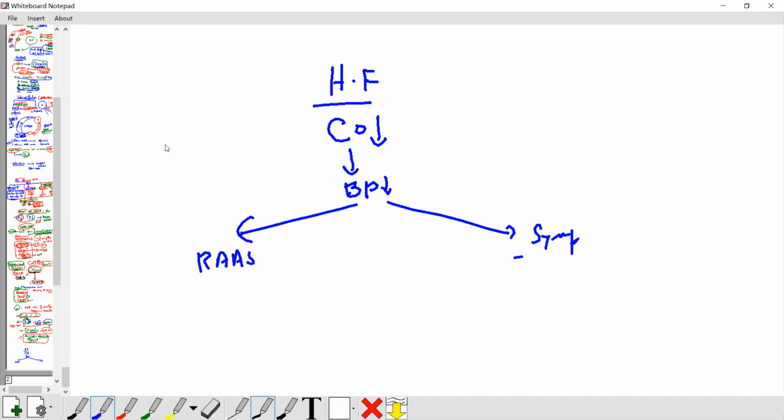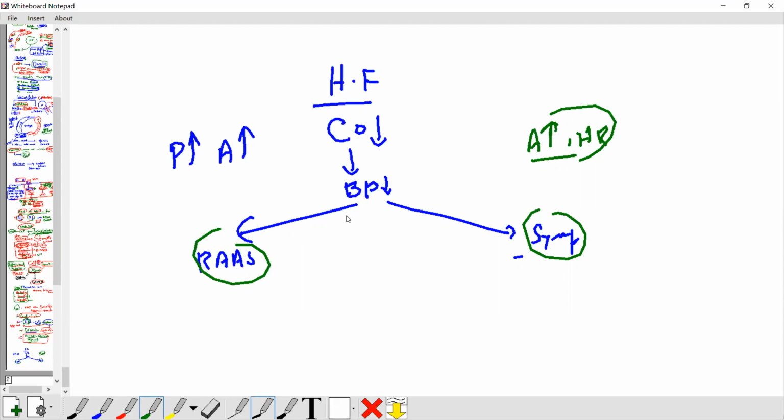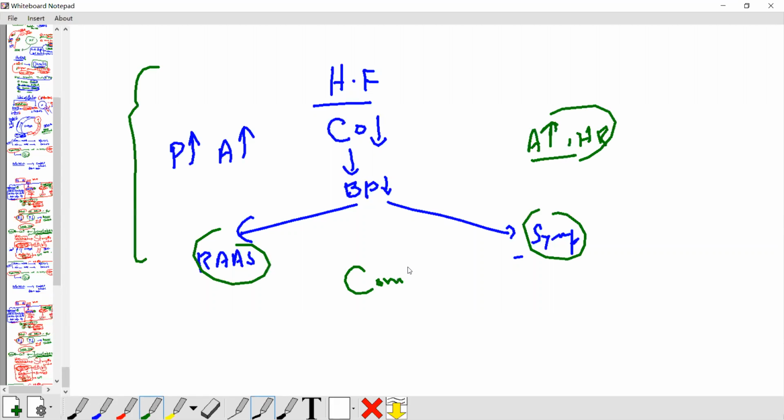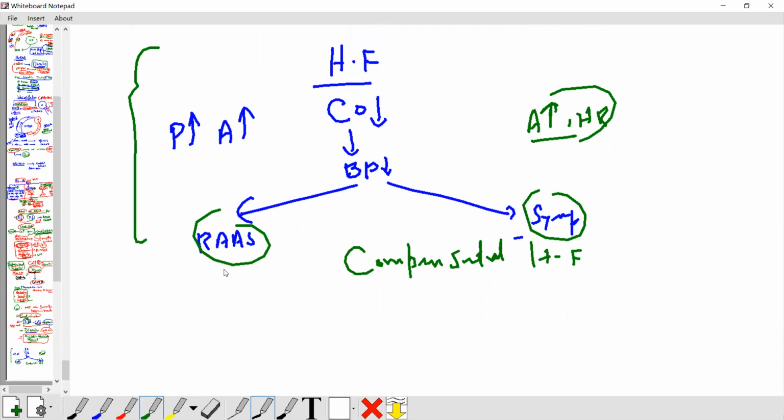This system increases preload and afterload, and the sympathetic system increases afterload and also tries to increase heart rate. All these two systems work to compensate. If they can compensate, it means compensated heart failure.